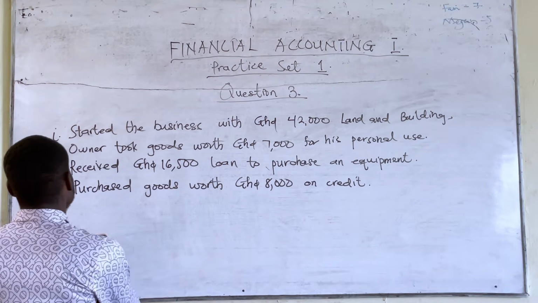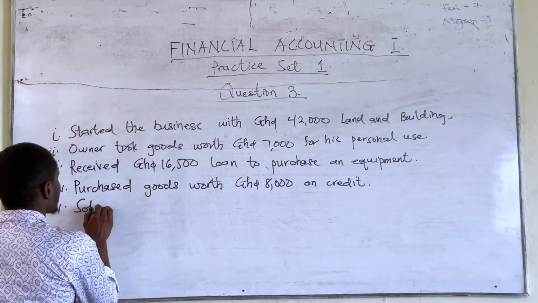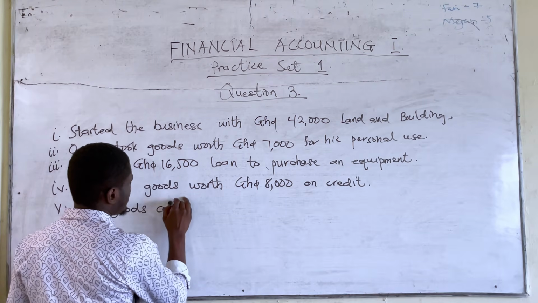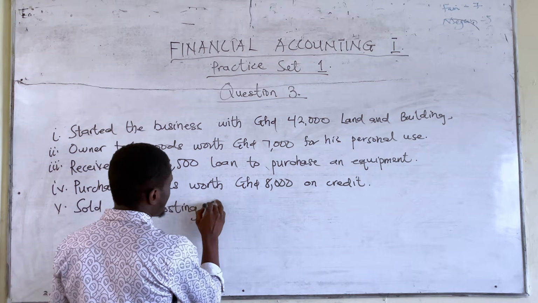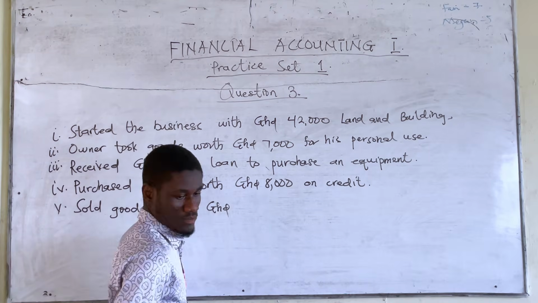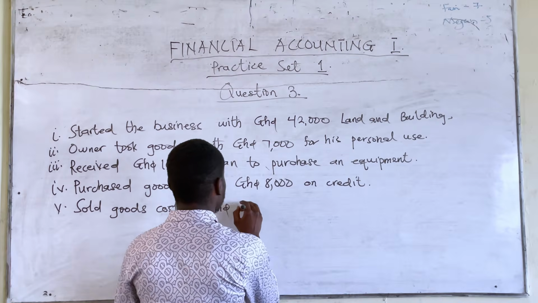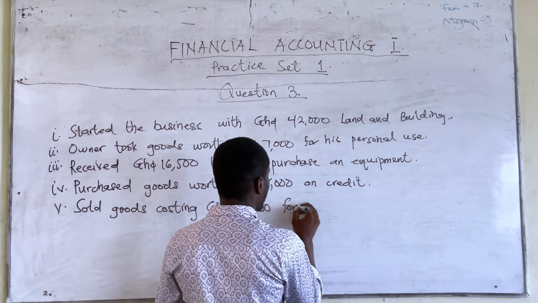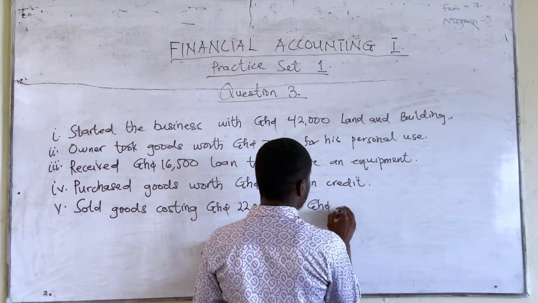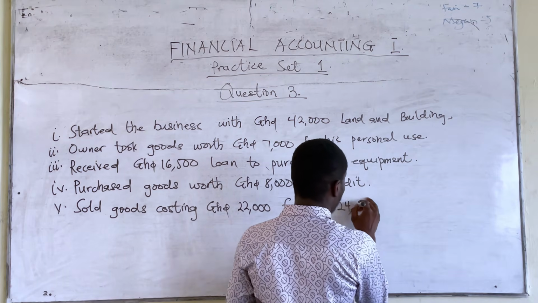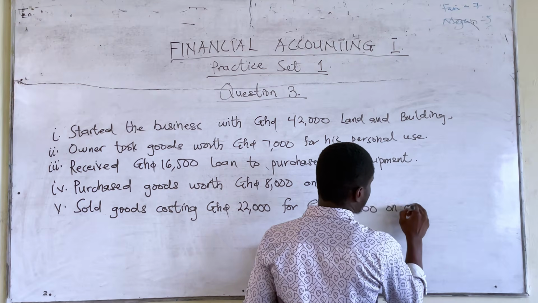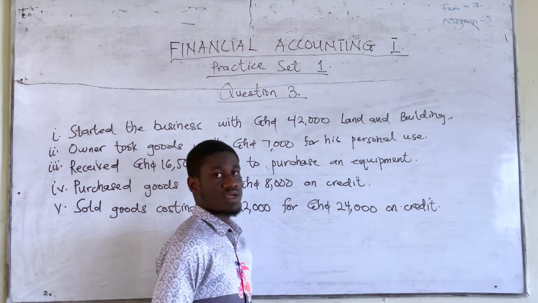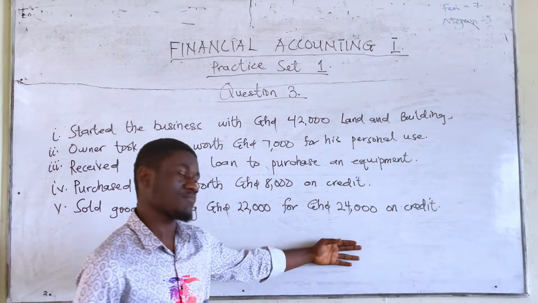So now we can say: sold goods costing 22,000 for 24,000 on credit. Do you get it? Yes.